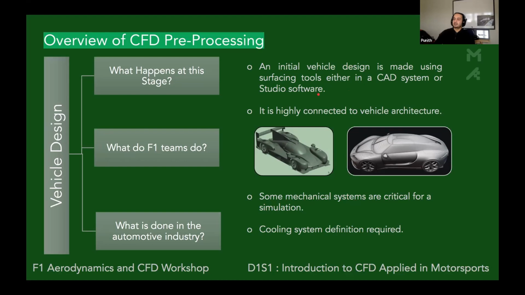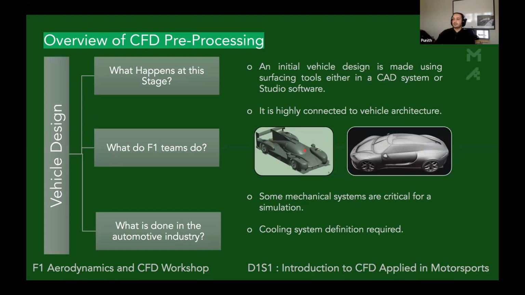And when I say that, it's because I now work in the automotive industry. I'm a bit more exposed to other packages where surfacing is done, like Alias, Blender, and other things. But in the motorsport industry, in F1 especially, cars are made in CATIA and other CAD packages, basically. It is highly connected to the vehicle architecture, vehicle design.